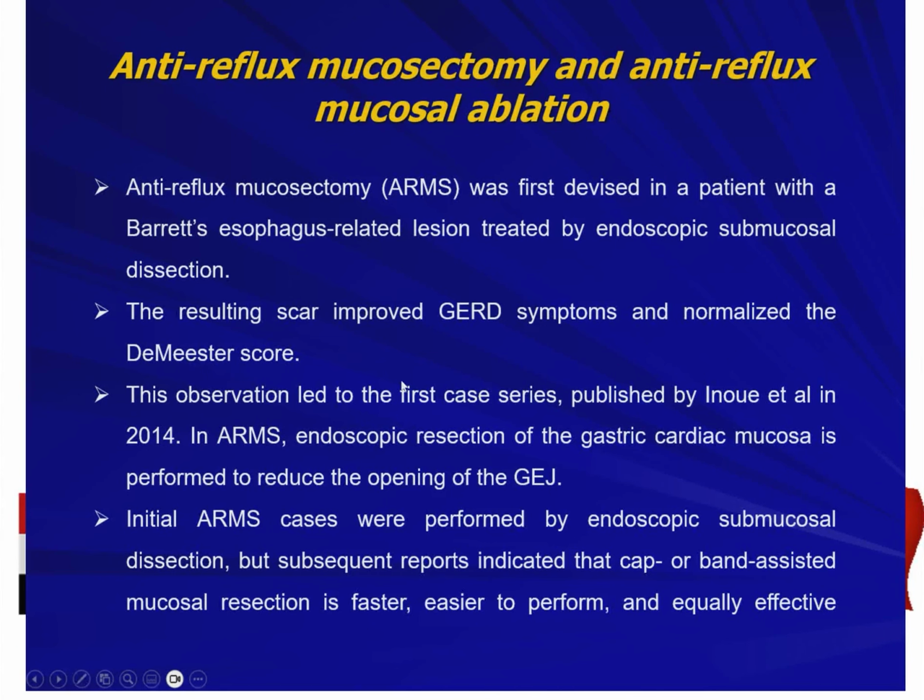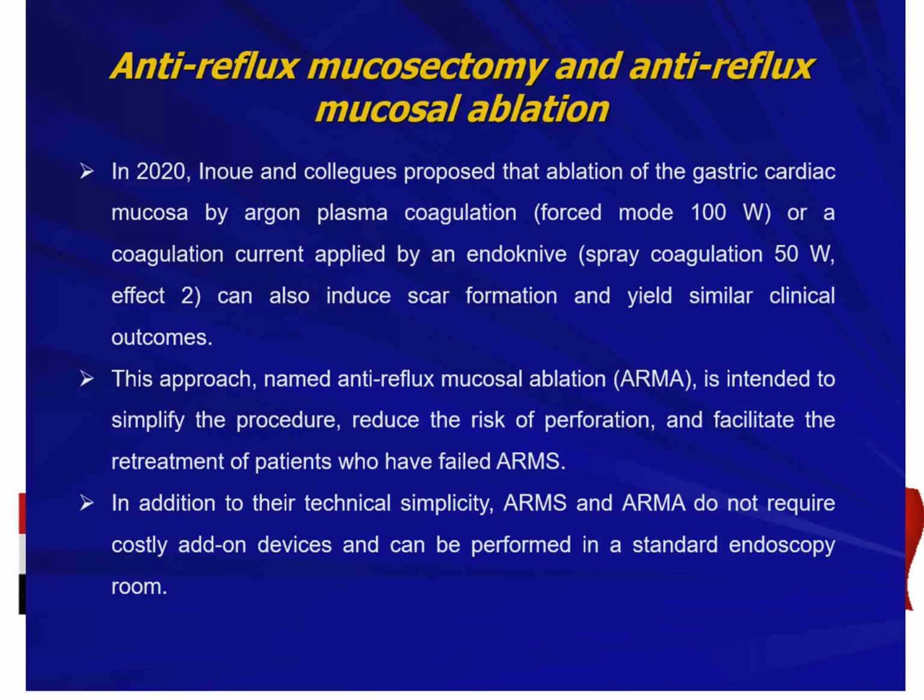On this observation, he published a series about endoscopic resection of gastric cardia mucosa performed to reduce gastroesophageal reflux. Then in 2020, Dr. Inoue and colleagues also proposed that ablation of the gastric cardiac mucosa by argon plasma coagulation, forced mode 100 watt, has almost equal results to mucosectomy.